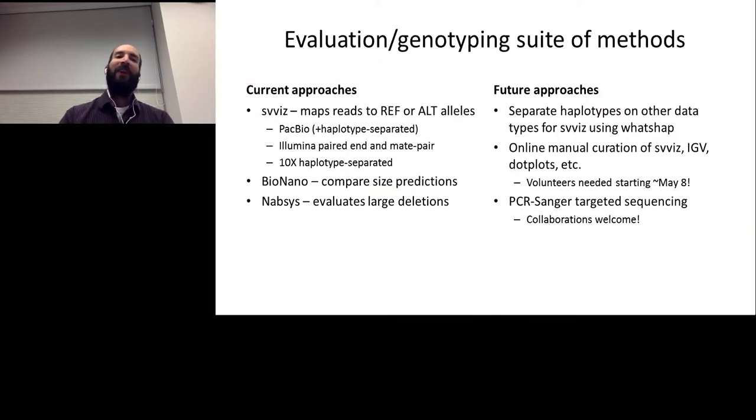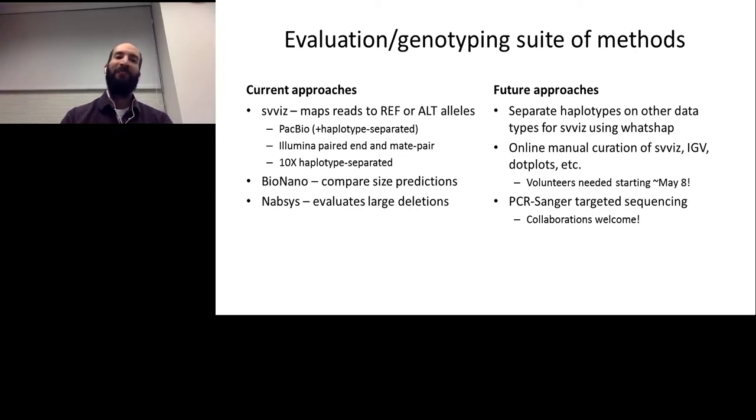The set of evaluation and genotyping methods that we've used up to this point has been primarily using SVViz, which maps reads to the reference and alternate alleles that are hypothesized and sees which allele the reads support better.